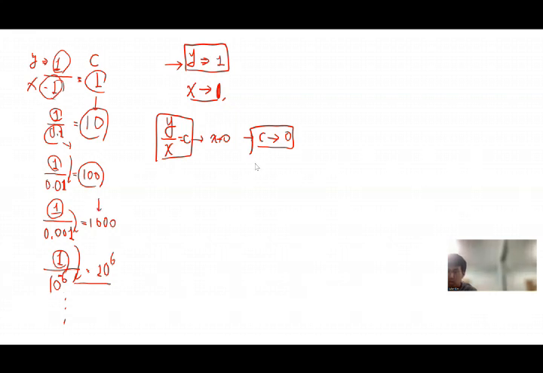Now it changes to 1 million if we put 10 to the minus 6 in x. If you keep on going, then as x goes to 0, c goes to where? Infinity.